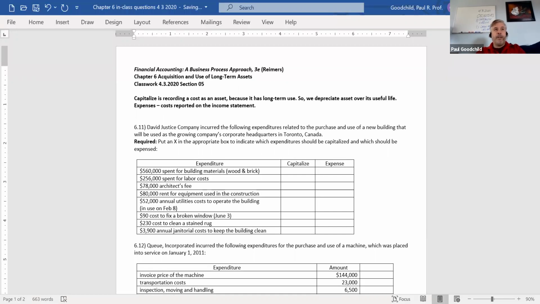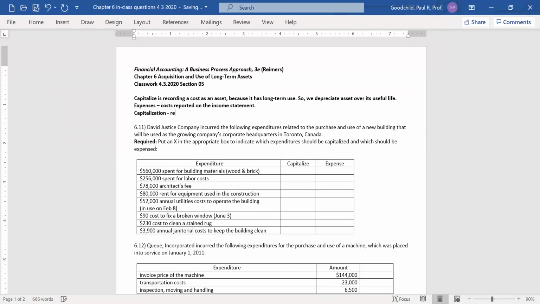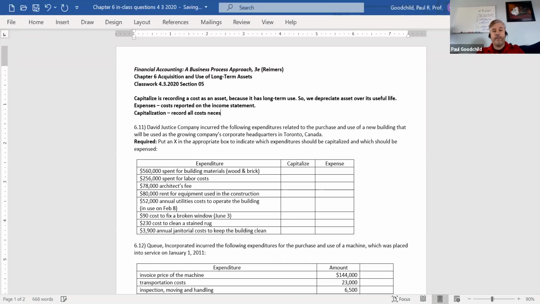So generally speaking, for capitalization, we record all costs necessary to get the asset put in place, including shipping, installation, and training.